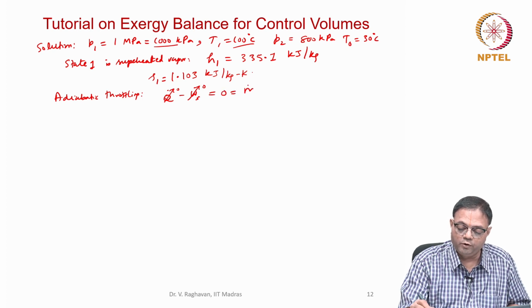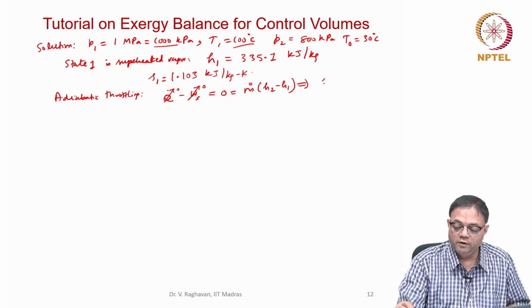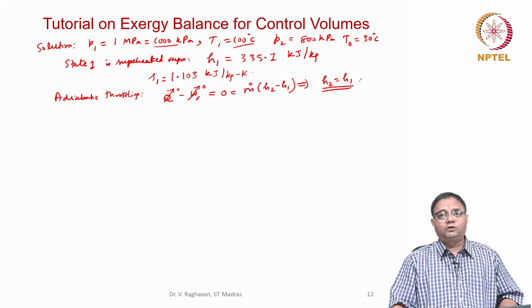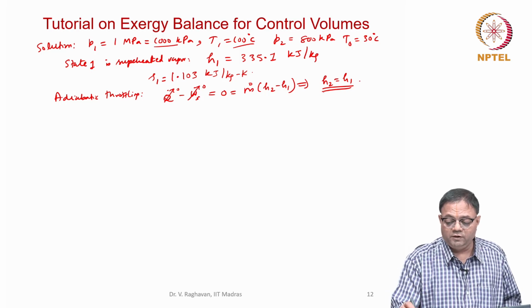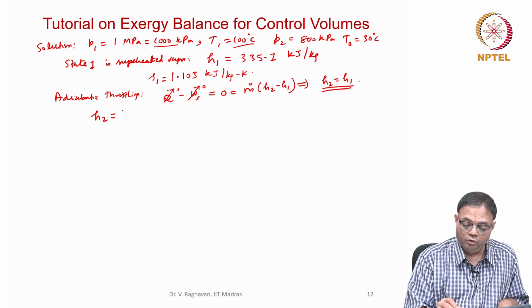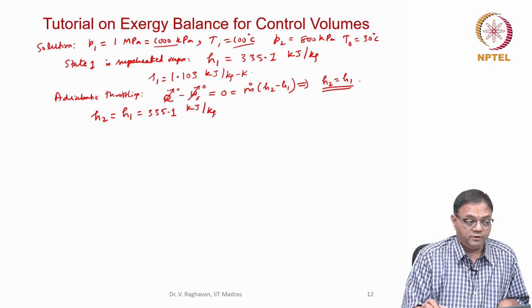So, that will be equal to m dot into H2 minus H1, which implies H2 equal to H1. So, for the adiabatic throttling process, from the first law, it is an isenthalpic process. So, I will say H2 will be equal to H1 equal to 335.1 kilojoule per kg.